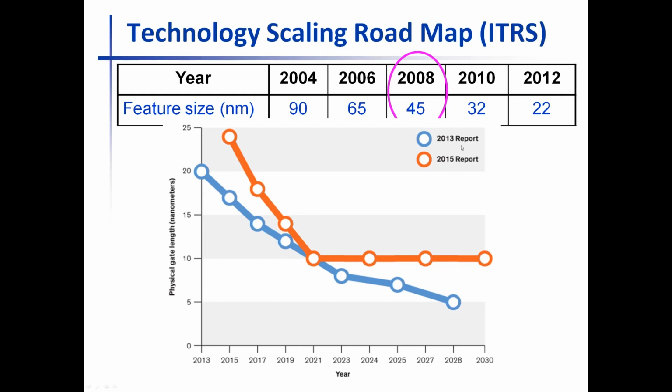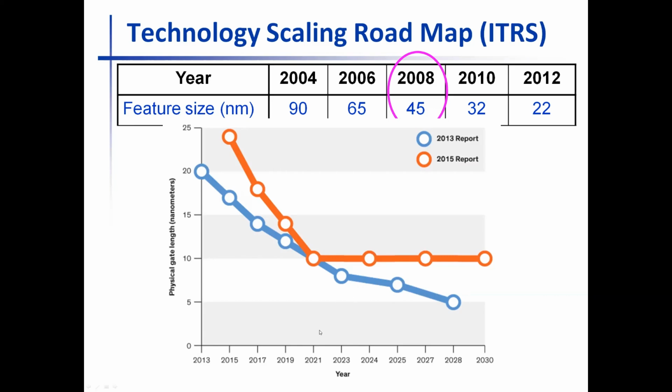Now, in 2013, ITRS released the report, which is shown in this blue line, that in 2013, we would go from 22 nanometer technology to 20 nanometer technology. And by the time we reach 2015, it'll become 16 nanometer technology, I think. And we will keep going down like this: 12 nanometer, 7 nanometer, so 8, 7, and 5 nanometer by 2028.